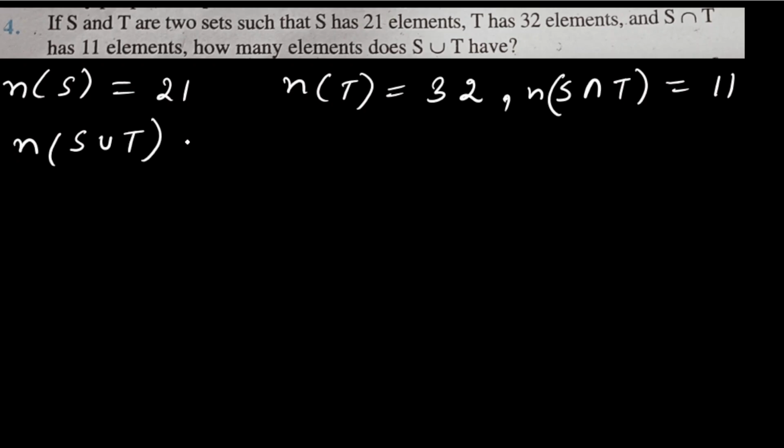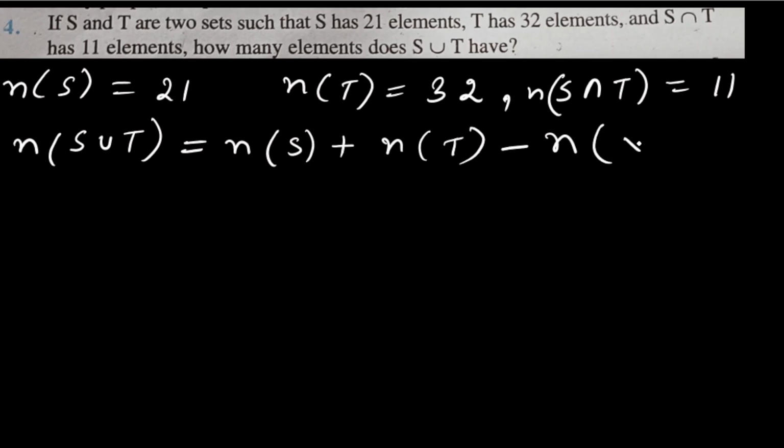S union T. Again, with the help of the direct formula, what is the formula for the union? n(S) plus n(T), so individual elements we have to add, and subtract the number of elements of the intersection, n(S intersection T). Now we'll just substitute the values.